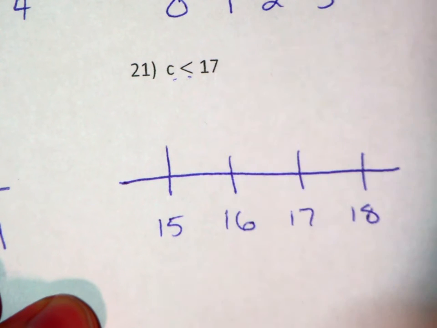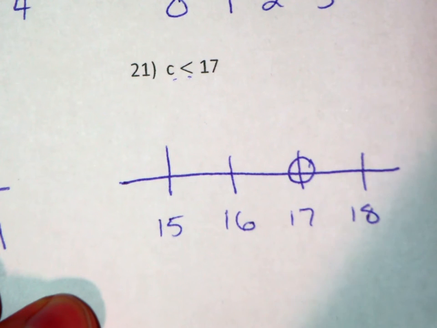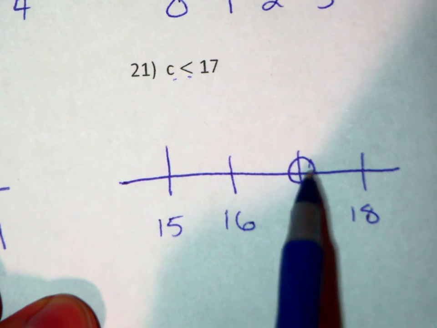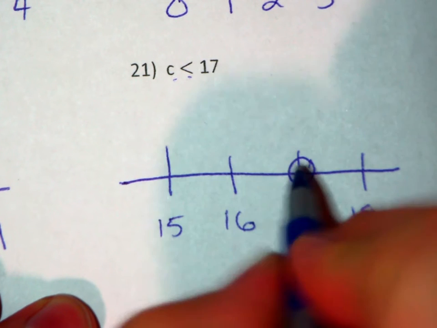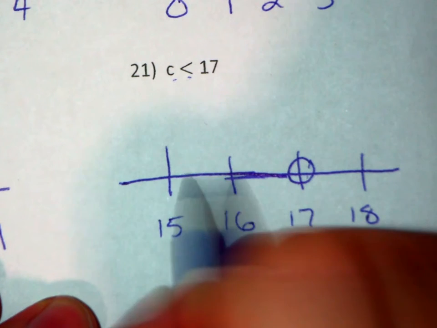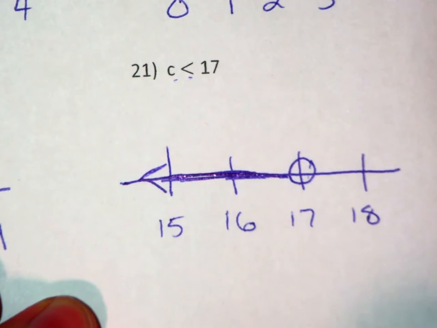And so when we're doing that, we simply put an open circle. That open circle represents 17 as the starting point, but not being an included value. It's only an included value if the circle is filled in. And again, it's all of the values less than 17, so moving towards 0, and give myself an arrow.